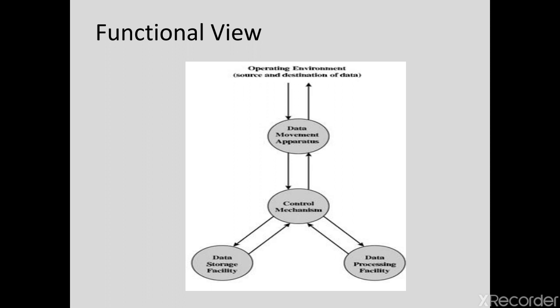In this case, we have a control mechanism in between, and it is connected by bidirectional buses with the data movement, data processing facility, and data storage facility. The data processing facility, obviously, we are talking about processors. Data storage is secondary storage plus main memory, with the control unit and IO unit involved.